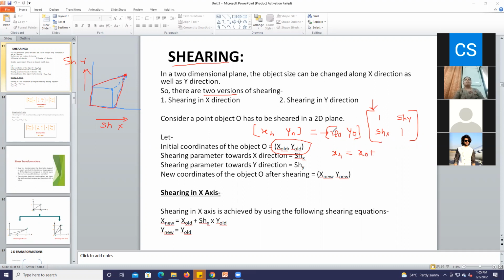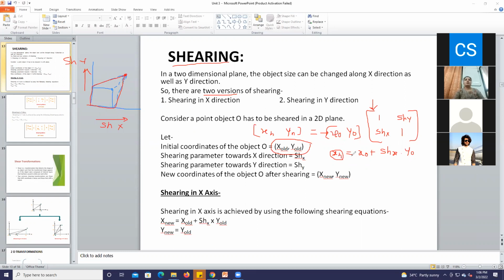right? So when x0 is multiplied with 1, I will get x0 or x original, and y original is getting multiplied with this. So shx is the shearing factor, and I am going to multiply y original or y old with it. So when I am doing this particular job, then it is the value which is getting stored in the xn. So we can see that here it is shearing along x-axis, and that's why we are taking this shx factor.